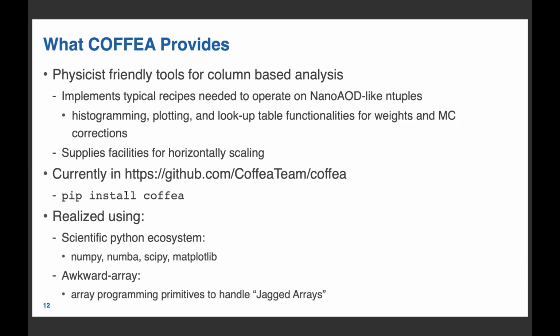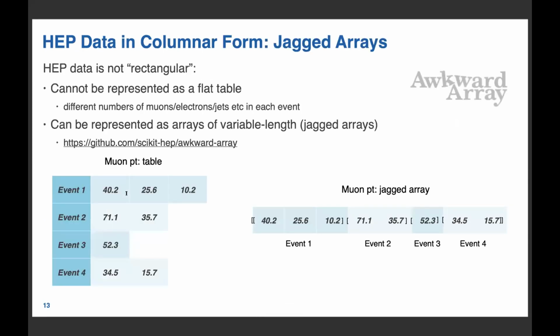As mentioned before, Coffea is a Python package that is pip installable, and it relies on libraries in the scientific Python ecosystem to operate. It uses a very clever columnar data representation called awkward array, provided by the Awkward library, as described on the next slide.